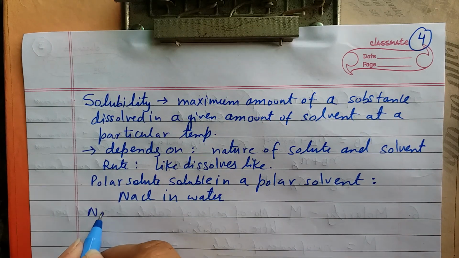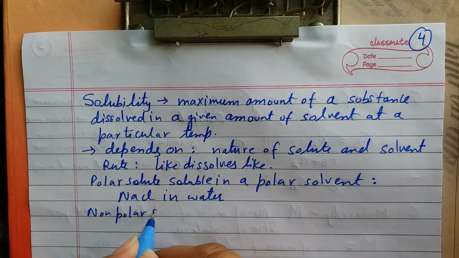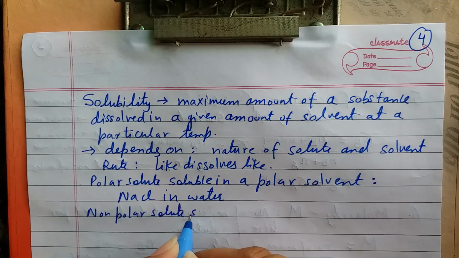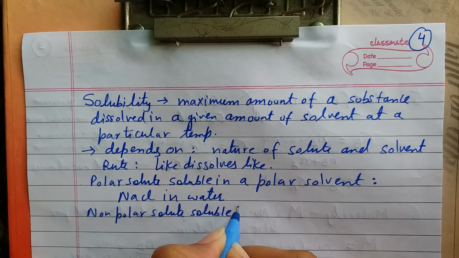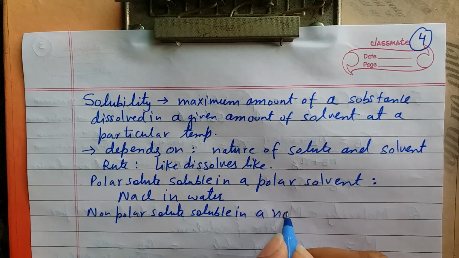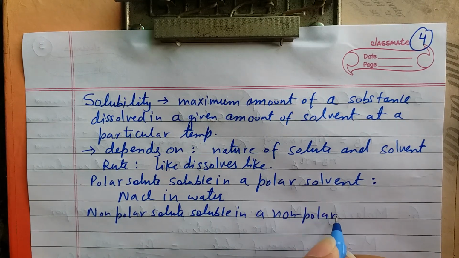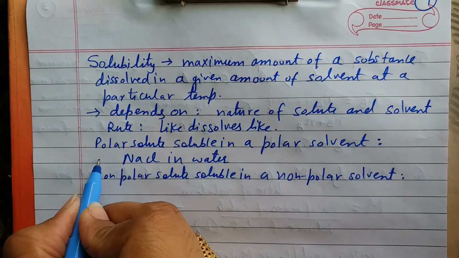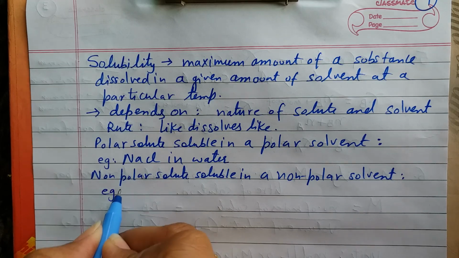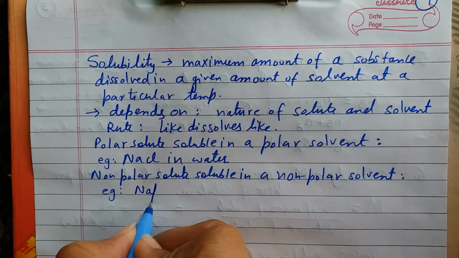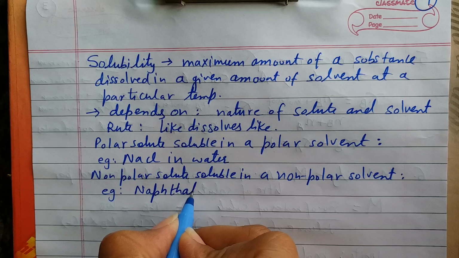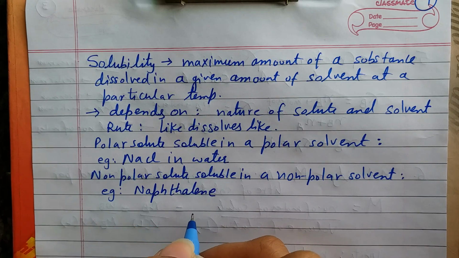And if you have a non-polar solute, it will be soluble in a non-polar solvent. Okay, so non-polar solute dissolves in a non-polar solvent. For example, if you take naphthalene, naphthalene is an organic compound and it has no charge separation.